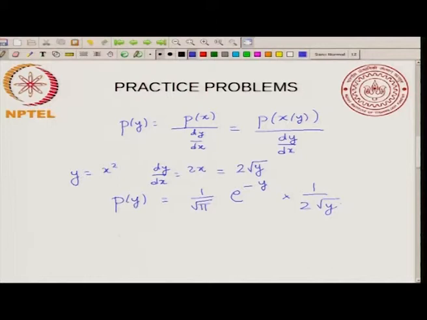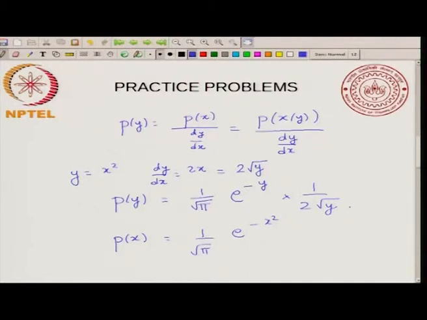Initially we had p of x equal to 1 over square root of pi e to the minus x square, and when we set x square equal to y, in the probability distribution for y, not only does this change, but there is also an additional factor. This problem is a very general problem that shows how you go from the distribution of one variable to the distribution of another variable. It is a general method that can be used to transform from one variable to another.